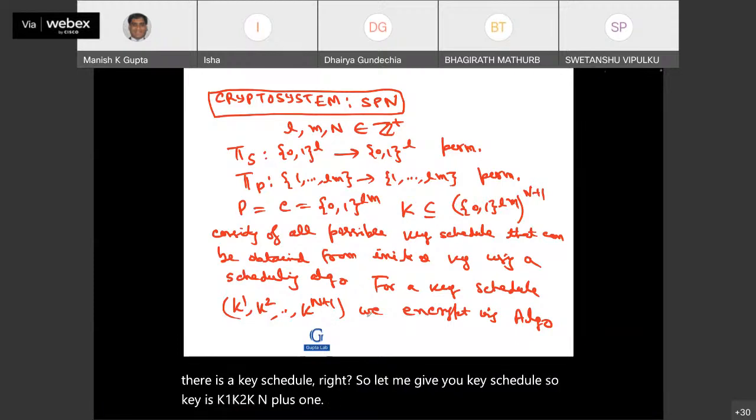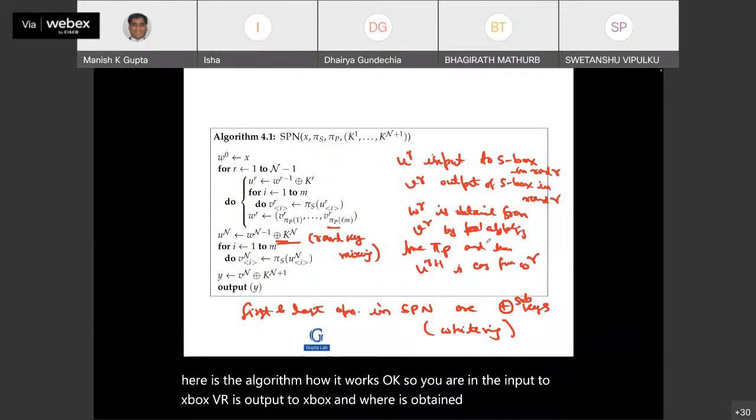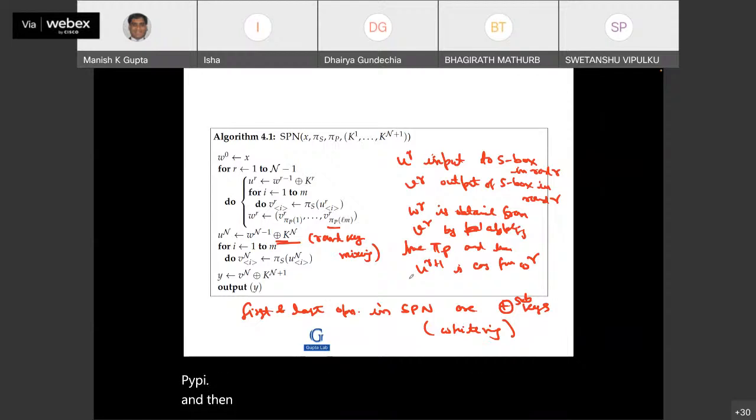Here is the algorithm, how it works. UR is the input to the S-box, VR is the output of the S-box, and WR is obtained from VR by applying pi p. Then UR plus 1 comes from WR. This is the basic algorithm.